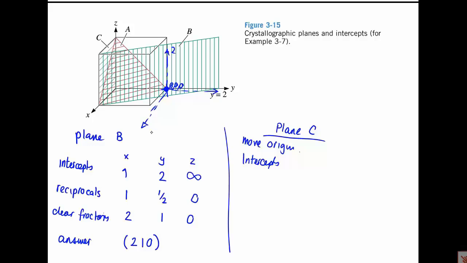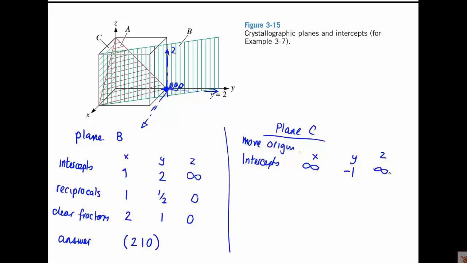We see that this plane C never cuts the x-axis, except at infinity. It cuts the y-axis at -1, and it cuts the z-axis.